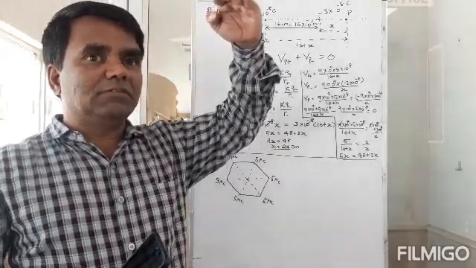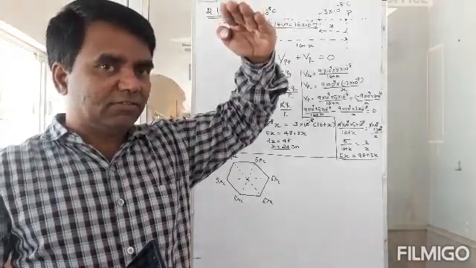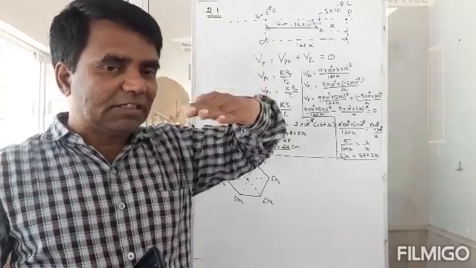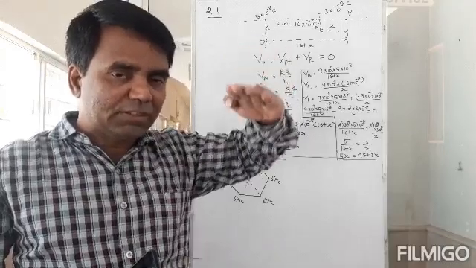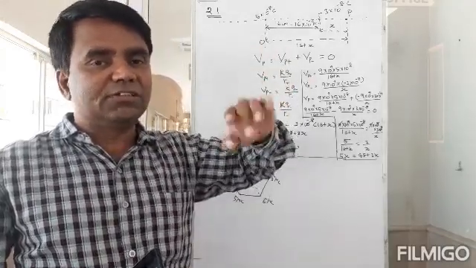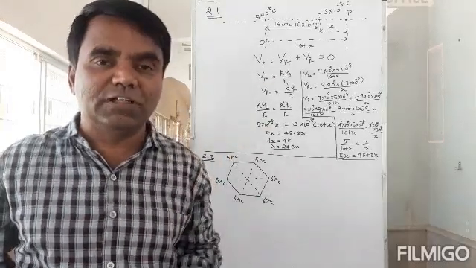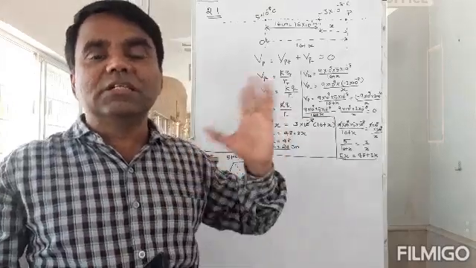But then you have done some work till you reach the surface of the conductor, because there will be a field outside it, and within the conductor you are not doing any work. So whatever work you did up till the surface of the conductor would remain the same. It wouldn't get changed. So potential inside the conductor will have some value, but E will be 0, is what we discussed when we discussed conductors.